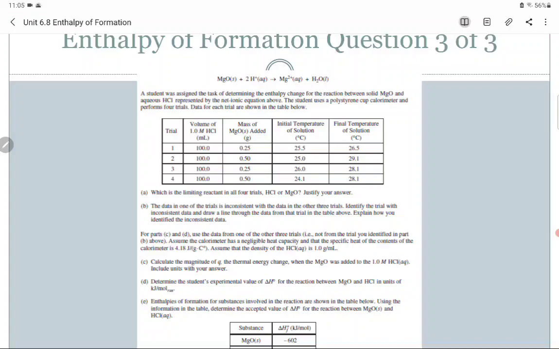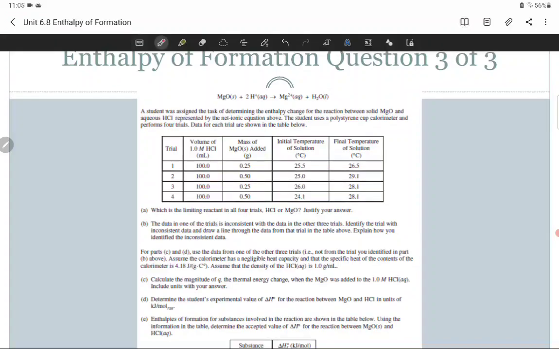So our first question has nothing to do with thermochem at all. It's stoichiometry. What's the limiting reactant? So we were given a molarity and a volume, and we were given a mass.